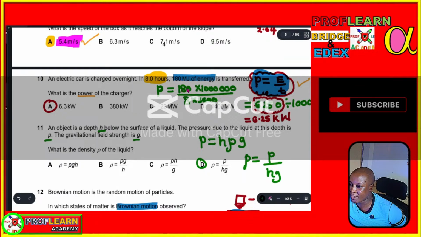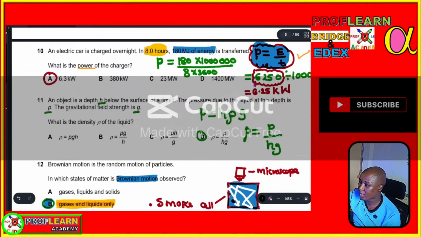So it will be 180 times 1 million, because it was given in megajoules, over time, and time must be in seconds, so it will be 8 times 3600, and that translates to 6250 watts. We convert it to kilowatts, so that will be 6.25 kilowatts, which is going to be option A.